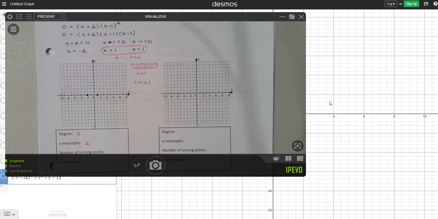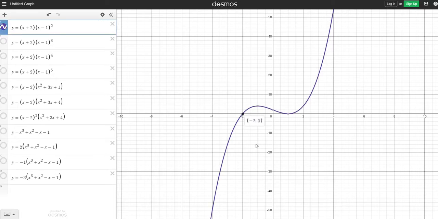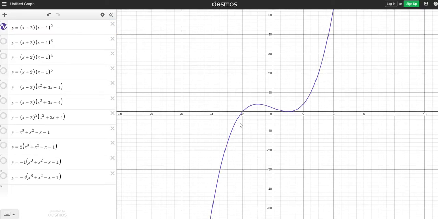So I've got my Desmos screen back here. Here's the first graph that we just were looking at. Here is that 0 at negative 2, the one we found by hand, as well as 1. But look at what happens. Up till now, every time we've gone through a 0, we've literally gone through the x-axis. Or in other words, our graph has cut through the x-axis.